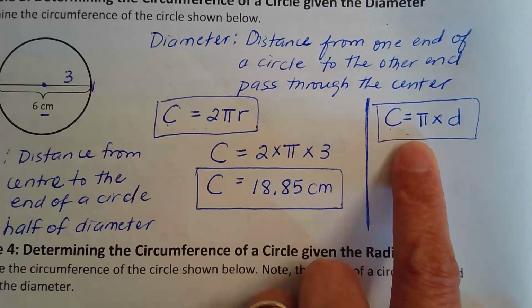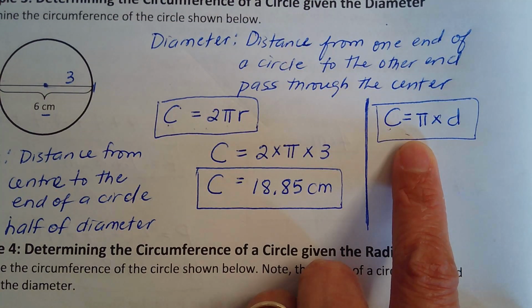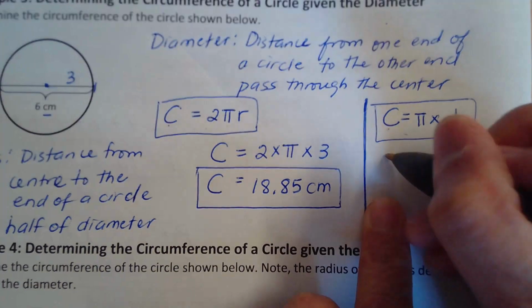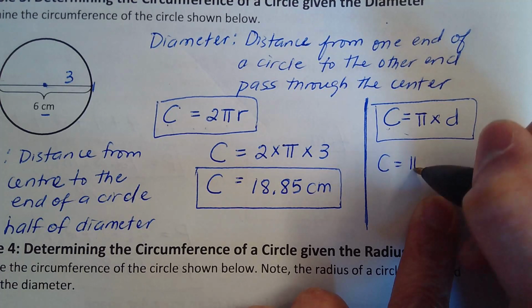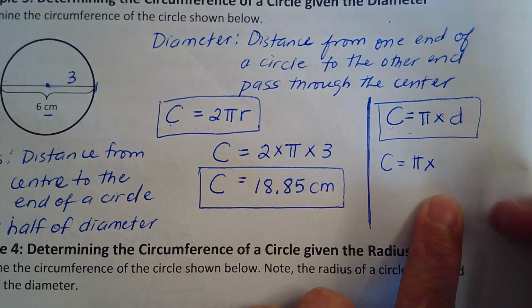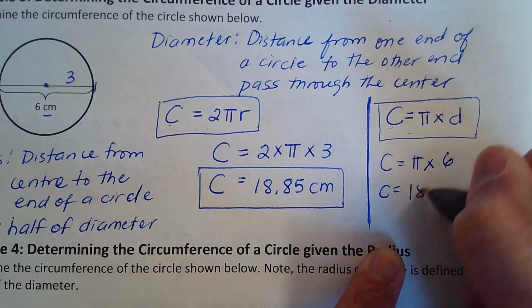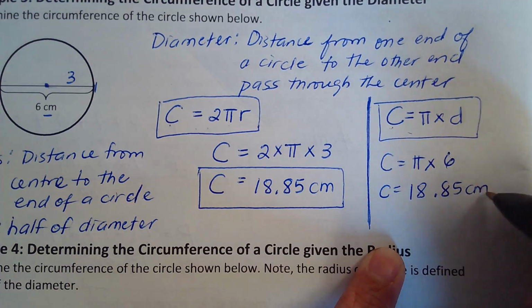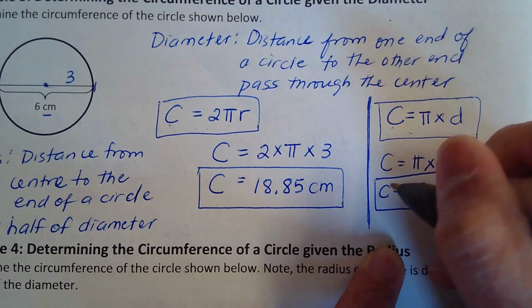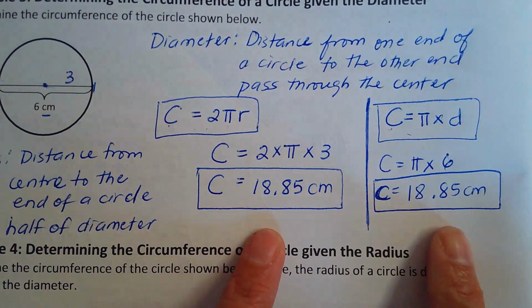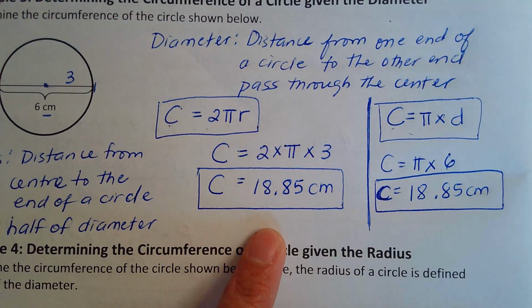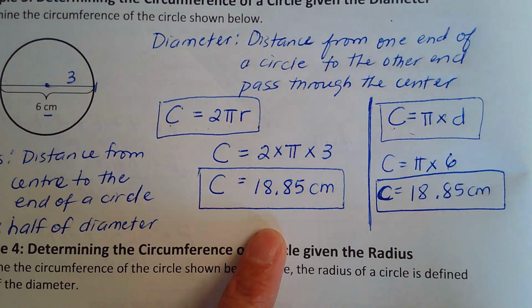Why does this work? Does the calculator automatically recognize what you type in? C is equal to pi times d. What's the d? The d is 6. And if we do that, we're going to come up with 18.85 centimeters as well. If you just do the 6 centimeters and the pi without putting the times in it, you also get the number, because your calculator recognizes that it's a multiplication.